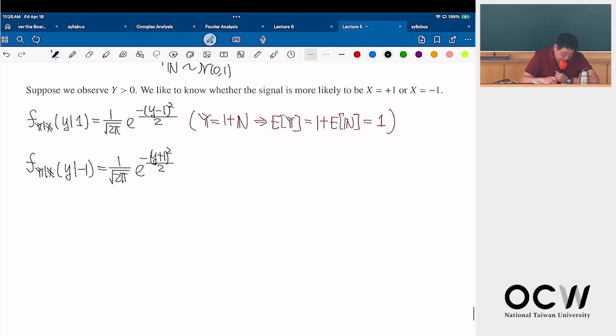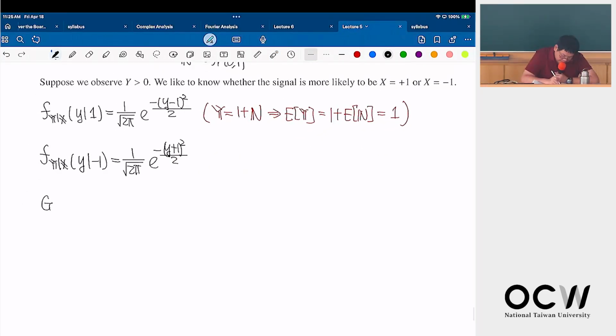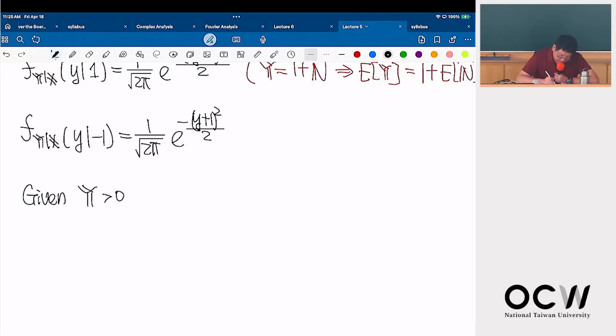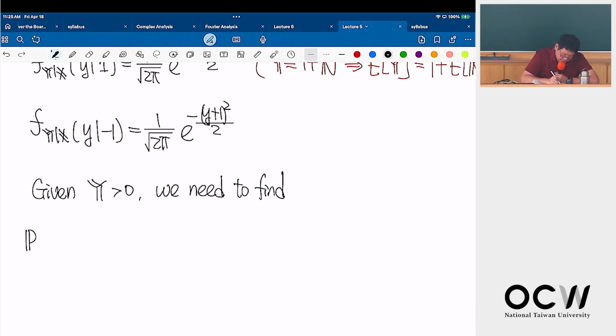So now, given y is greater than 0, then we need to find the probability, because we want to know which x, 1 or minus 1, is likely to be sent.